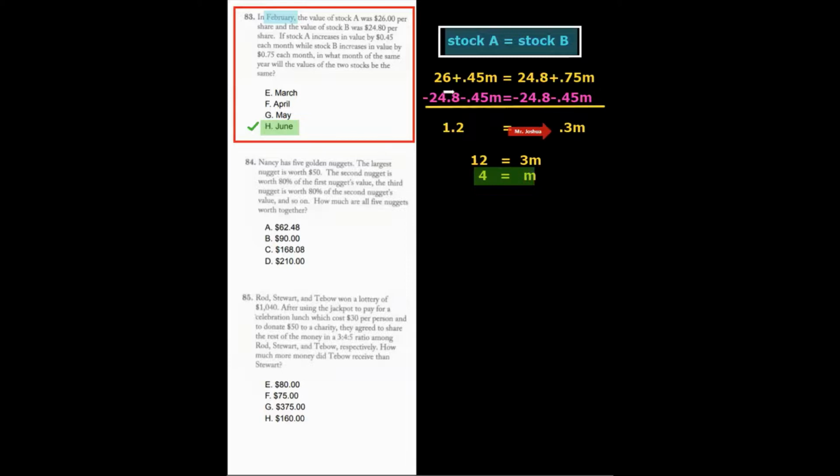So now we have 1.2 equals 0.3M. Multiply both sides by 10 to move the decimal to the right one place. Then we have 12 equals 3M. Much easier. Divide by 3, and 4 is the number of months from February. So after February comes March, April, May, June, 4 months later. The correct answer was H.